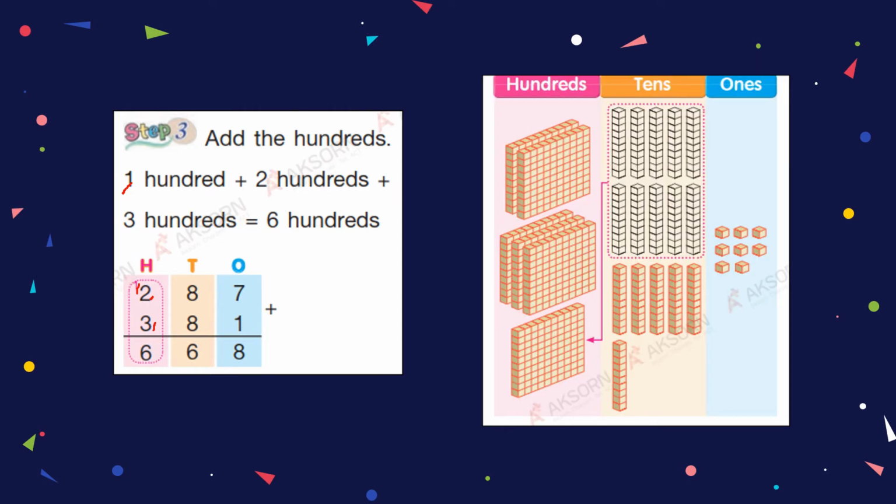So we're going to move the 100 to the hundreds column. So 287 plus 381 is equal to 668.